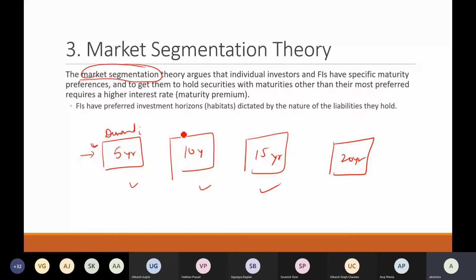Let's say here you have an I class of investor who goes and buys 5-year, a J type of investor who goes and buys 10-year maturity bonds, a K type, and an L type. It means your market itself is segmented, and there are different investors who have preferences for different maturity instruments.